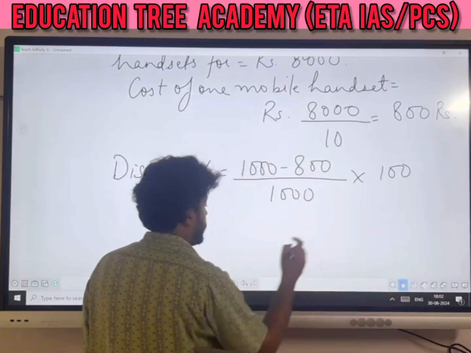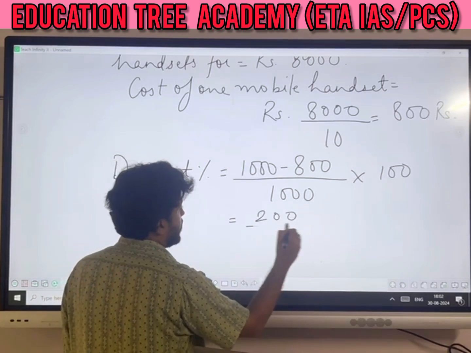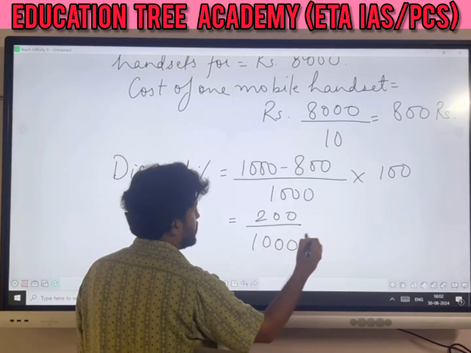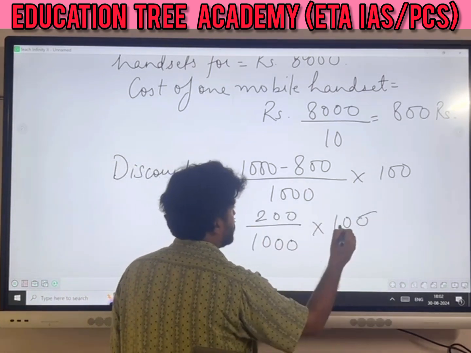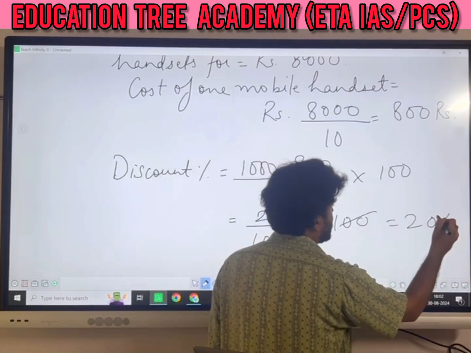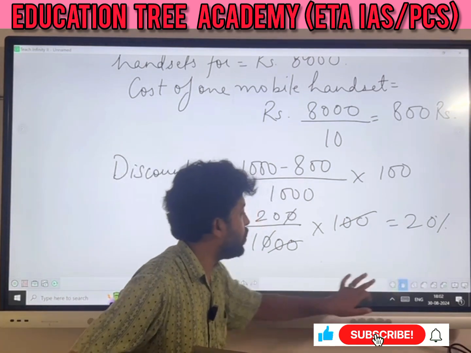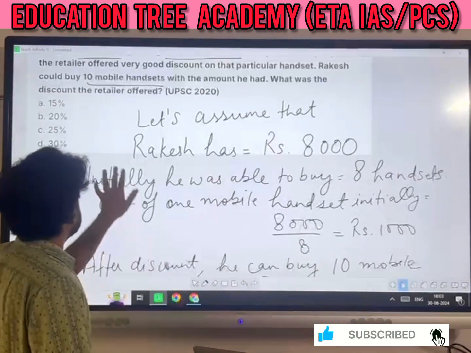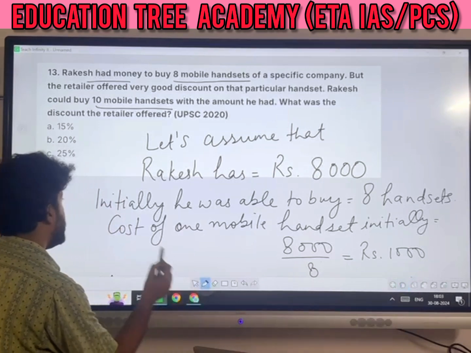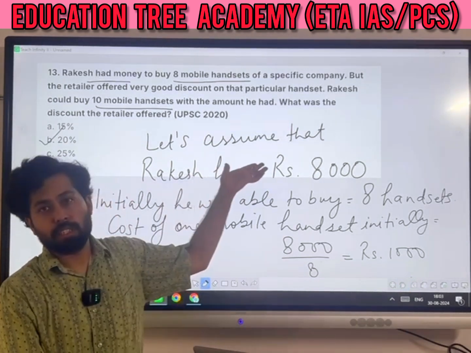Right? So let's see what percent of discount we get. So 200 divided by 1000 into 100. Cancelling it off, we get 20% discount on the initial price. So let's check what option is correct. We can see option number B is 20%. So option B is the correct answer for this.